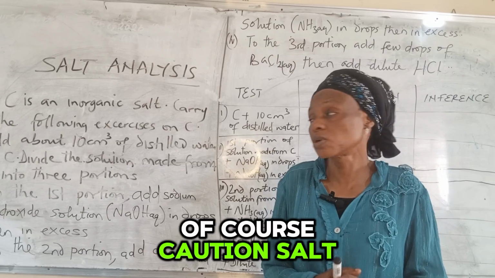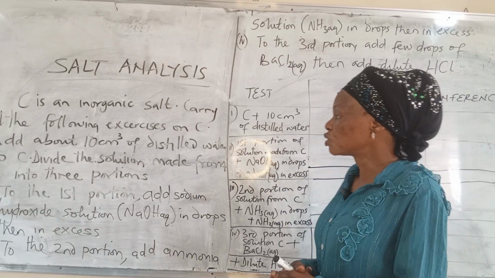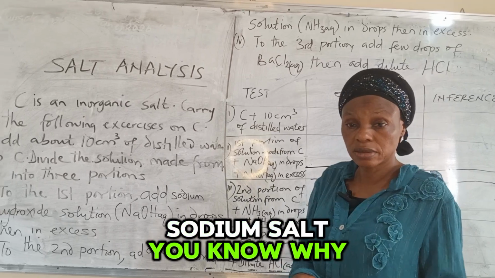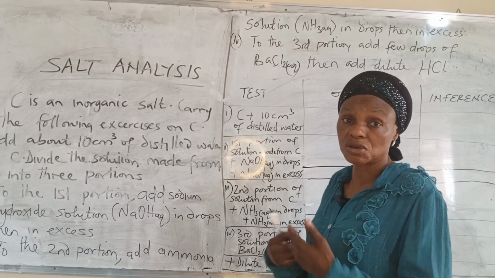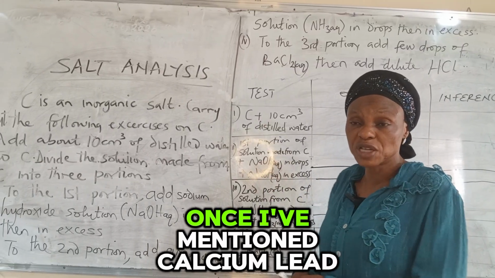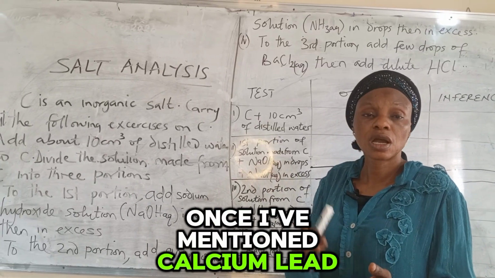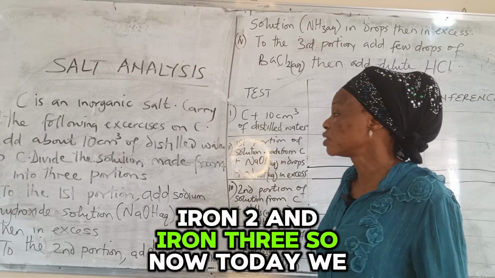Of course, calcium salts also inclusive. We don't do sodium salts. You know why? It's highly reactive, unless it's in compound form. So we have finished the analysis once I've mentioned calcium, lead, aluminium, zinc, iron 2 and iron 3.